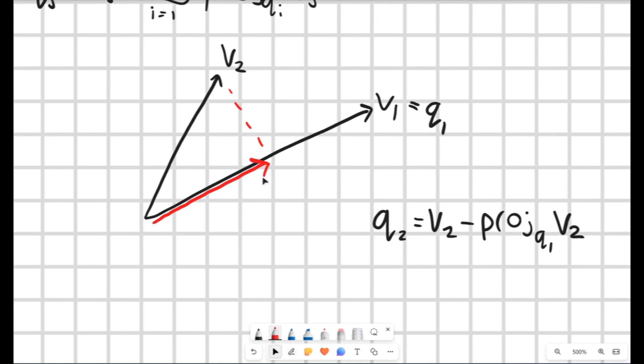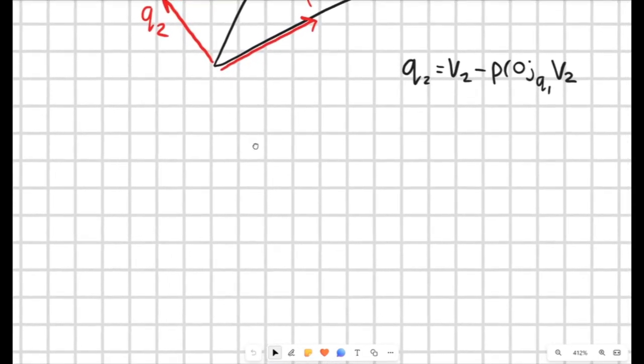That's the component of v2 which is acting along v1. And we're saying that q2 is v2 minus this projection. So you can see that if you travel along this vector and then travel along the negative component of the projection of v2 onto q1, then we end up here. So you've gone along here and then along here to arrive at this vector, which we call q2. And so geometrically you can see that q2 is going to be orthogonal to q1.